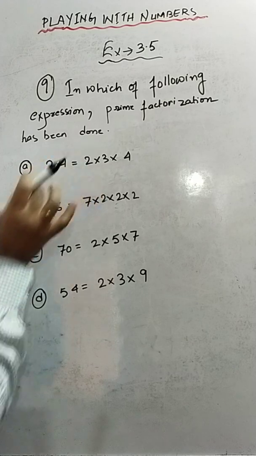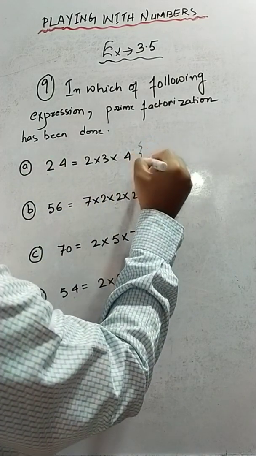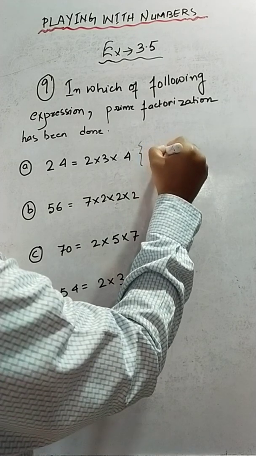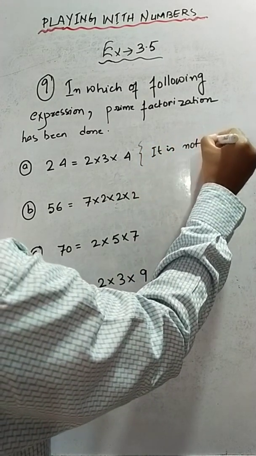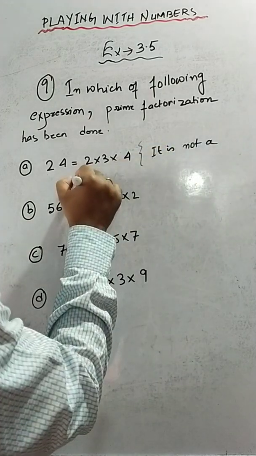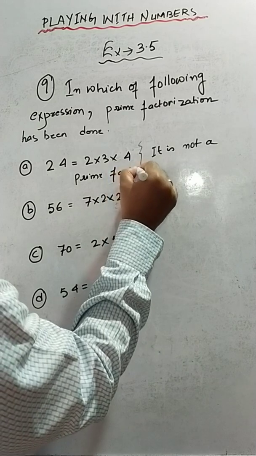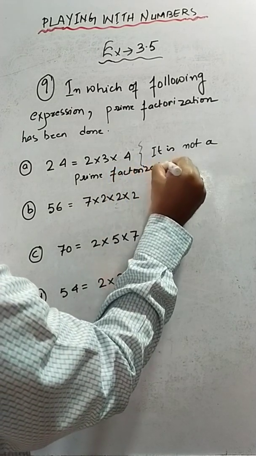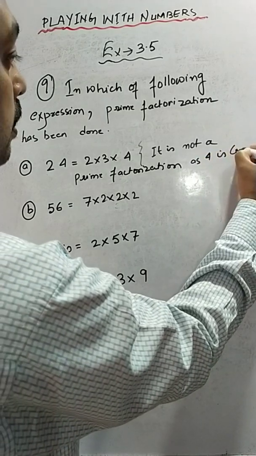So this is not a prime factorization. Fine. So you will write that it is not a prime factorization as 4 is a composite number.